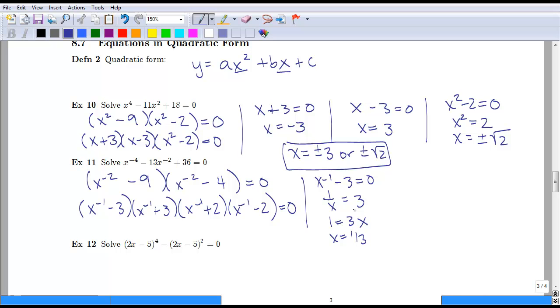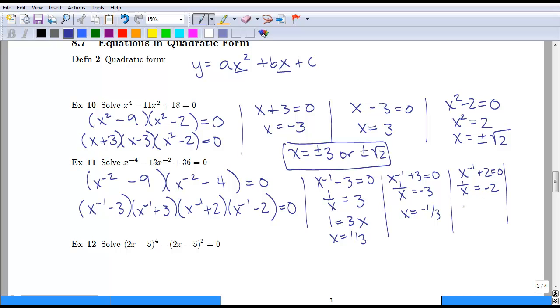If you can extrapolate from that, you're going to get that the x to the negative 1 plus 3 is going to give us an x to the negative 1/3, because we end up with a 1 over x is equal to negative 3. So x would be negative 1/3. Again, it's the exact same process as we had done before. And if we look at these two terms, the plus and minus, x to the negative 1 plus 2 equals 0 is going to give us 1 over x is equal to negative 2.